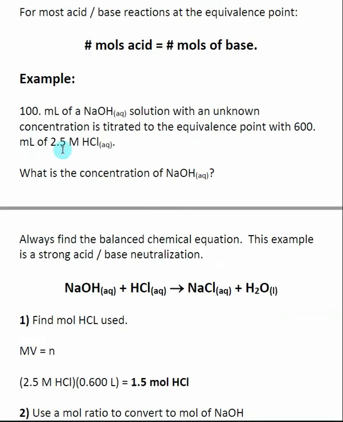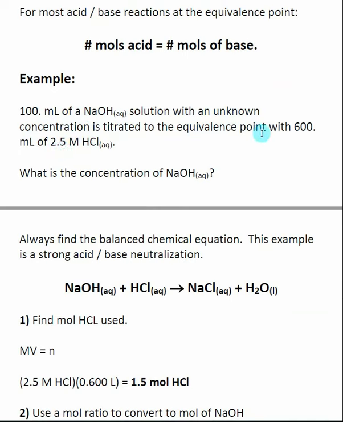So here is a very classic example. I have 100 milliliters of NaOH that has an unknown concentration, and I want to find out the concentration of that NaOH. So I titrate it with HCl of a known concentration, 2.5 molar HCl.